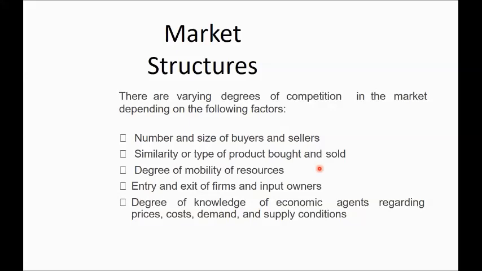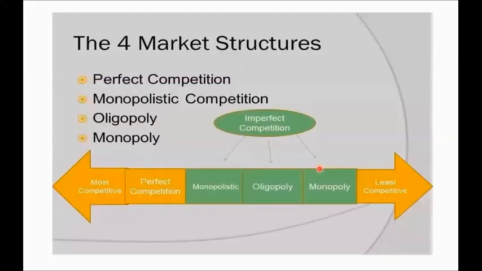Based on the market structures, there are four market structures that we have. First is perfect competition. Second is monopolistic competition.